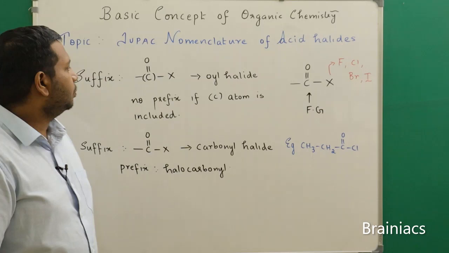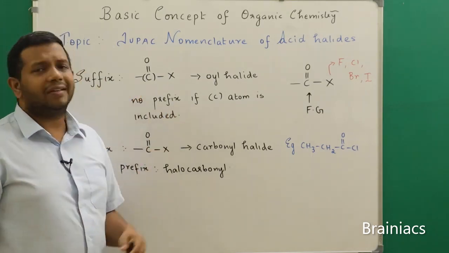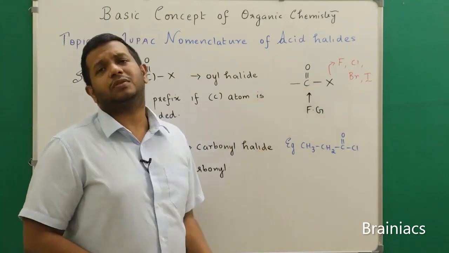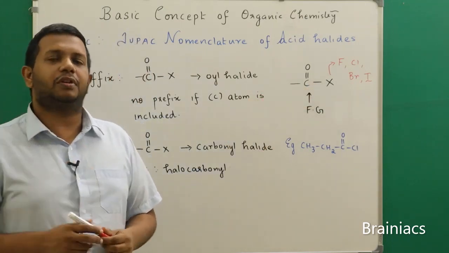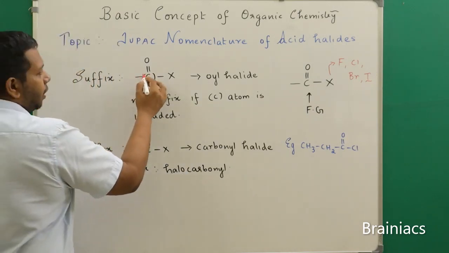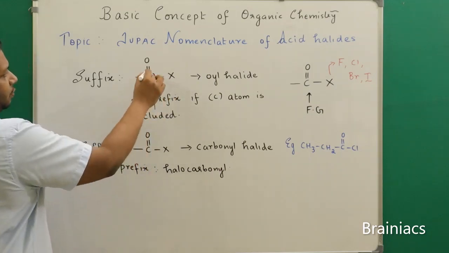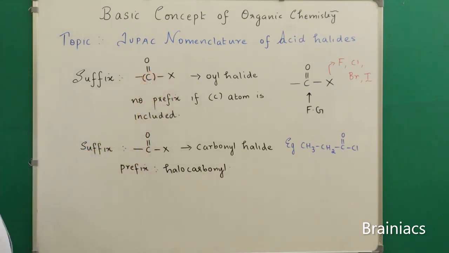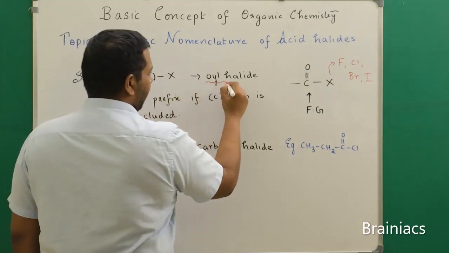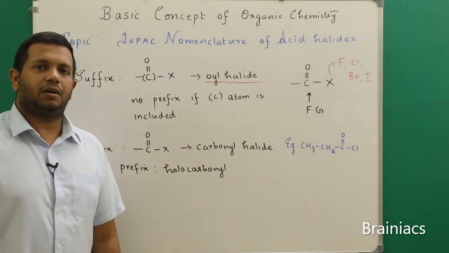Okay. Now the important thing. If you look into this acid halide, there is a carbonyl group and this carbon atom is there. So we can say it's a carbon containing functional group, correct? In this case there are 2 possibilities. If carbon is part of the parent chain, that's why it is shown in brackets, we use the suffix oyl halide.